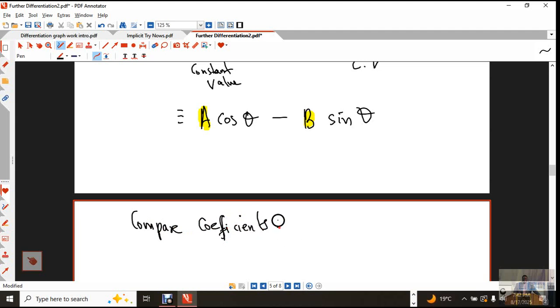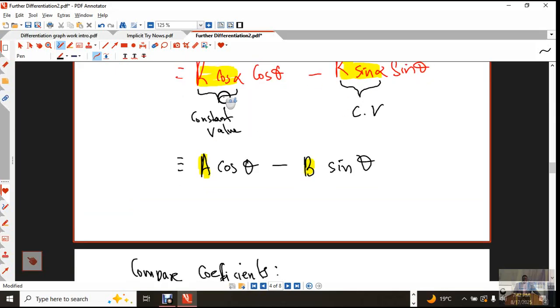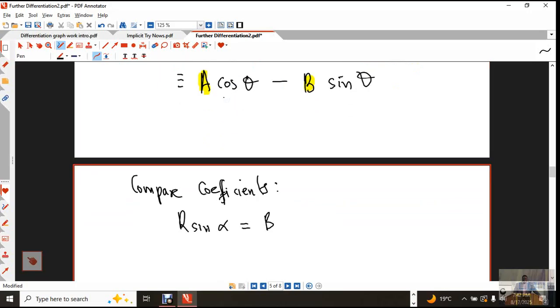If you look at what I was saying, R sin alpha is equal to B. I could have started with the other one as well, but I want to start with R sin alpha equals B, just comparing the coefficients. Let's call this equation 1, and the other one will be R cos alpha equals A, which is equation 2.